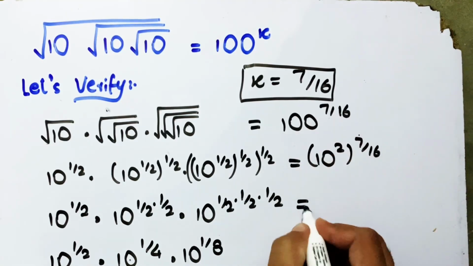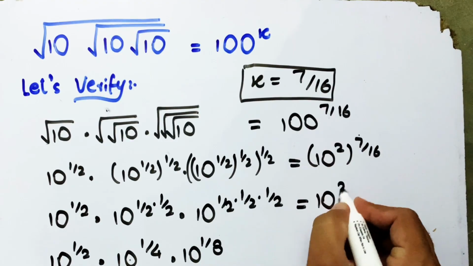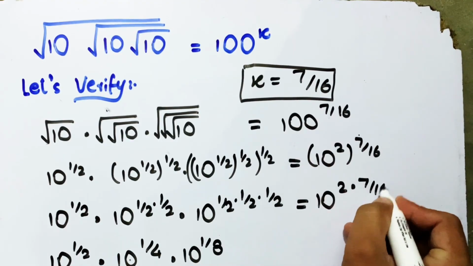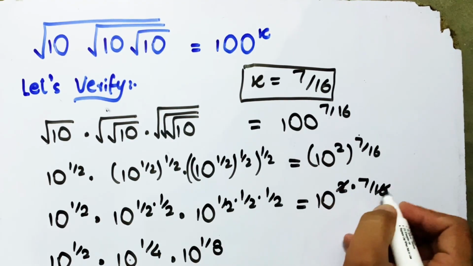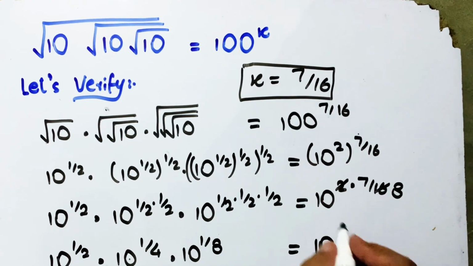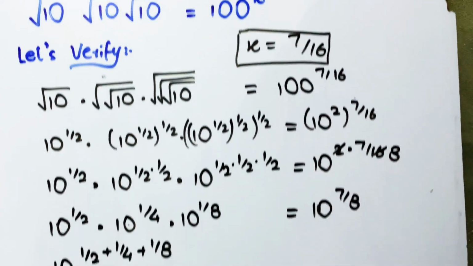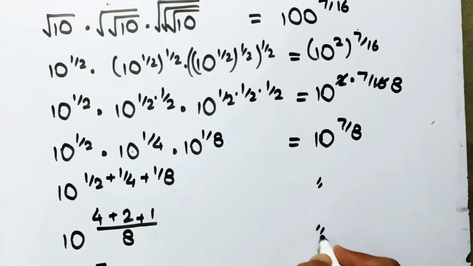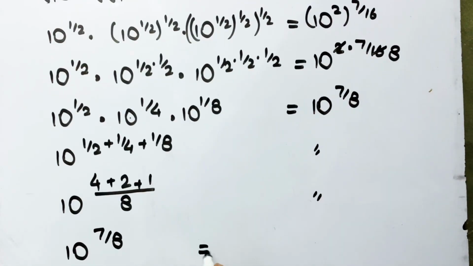The 2 and 8 twos are 16, so this equals 10 to the power of 7 by 8.